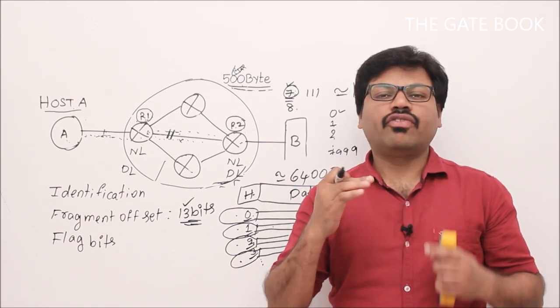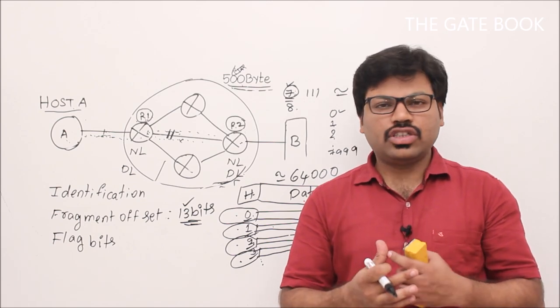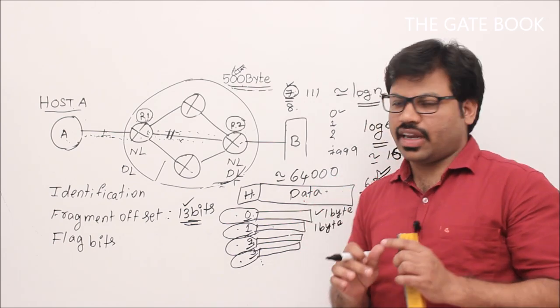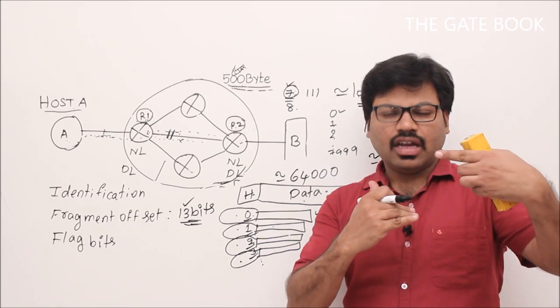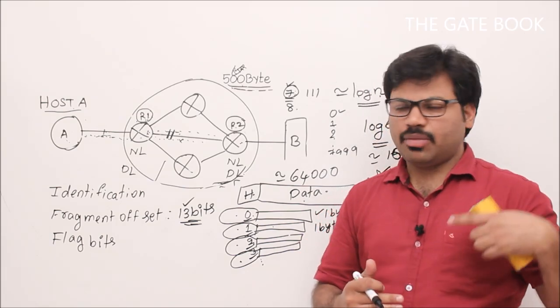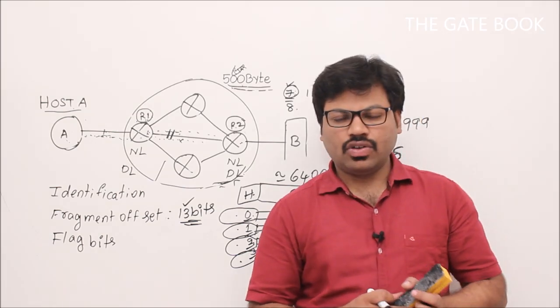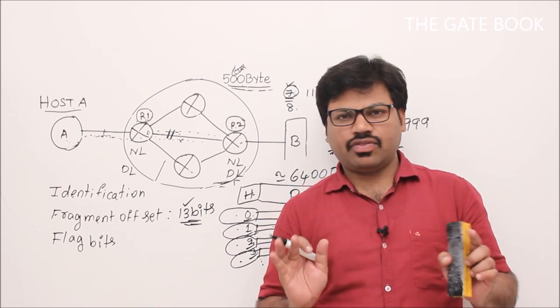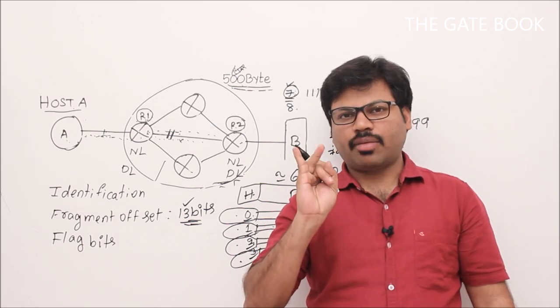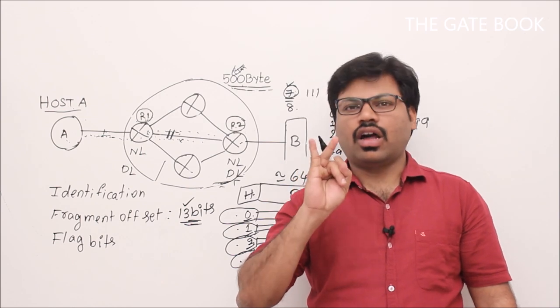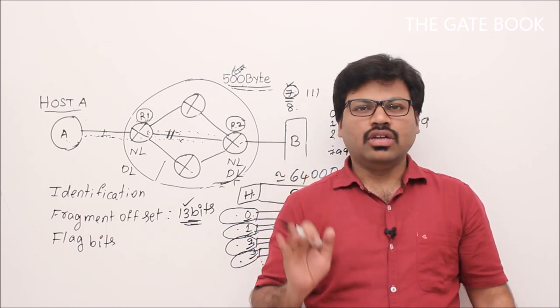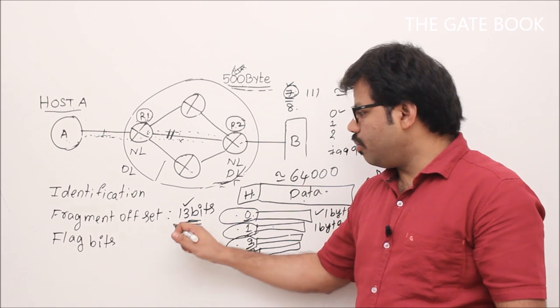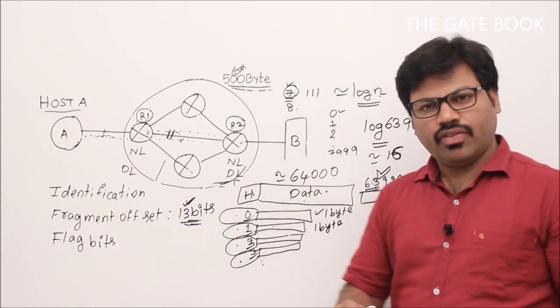That means the fragmentable unit should be 8 bytes. Either you can have one 8 bytes, or two 8 bytes, or three 8 bytes, and so on. In simple words, every fragment size should be 8 bytes, otherwise 16 bytes or 24 bytes and so on. If that is the case, then we can represent those sizes with 13 bits. We will see why.